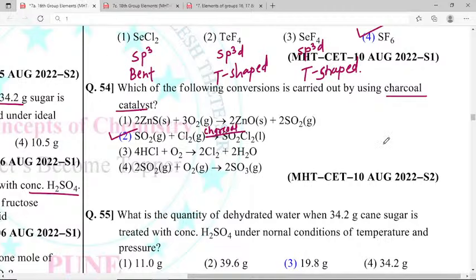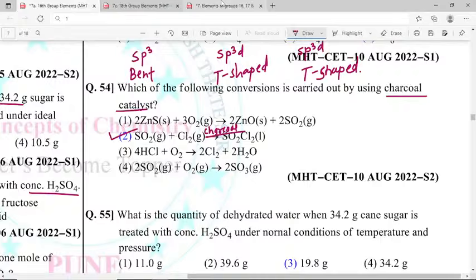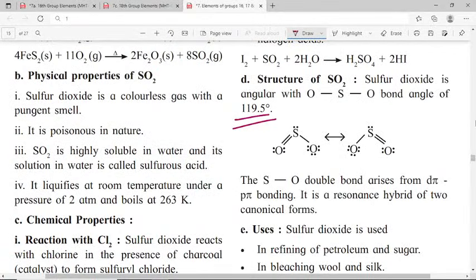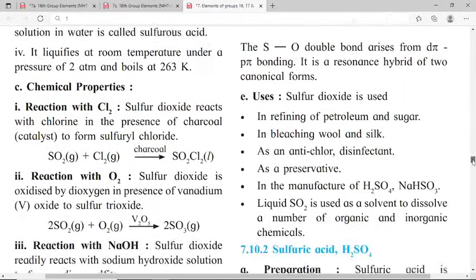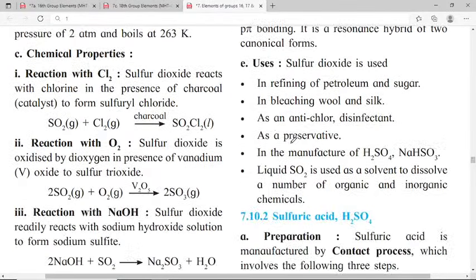SO2 plus Cl2 gives SO2Cl2, which is called sulfuryl chloride. Charcoal acts as a catalyst in this reaction.